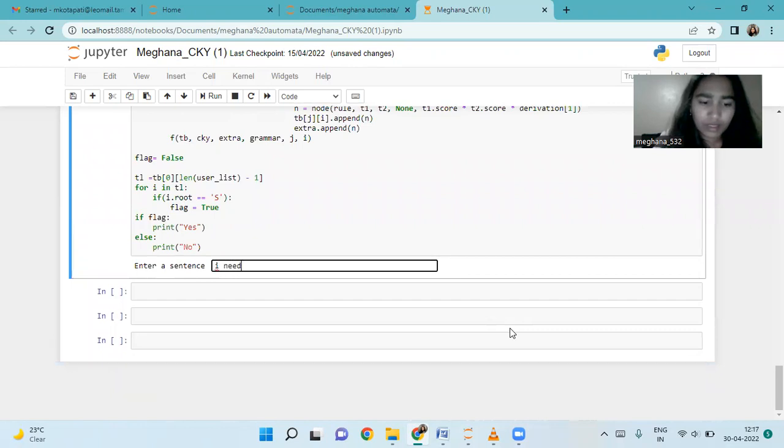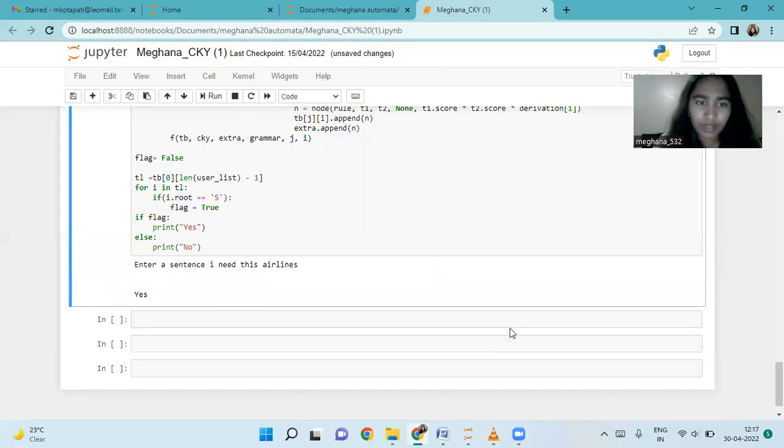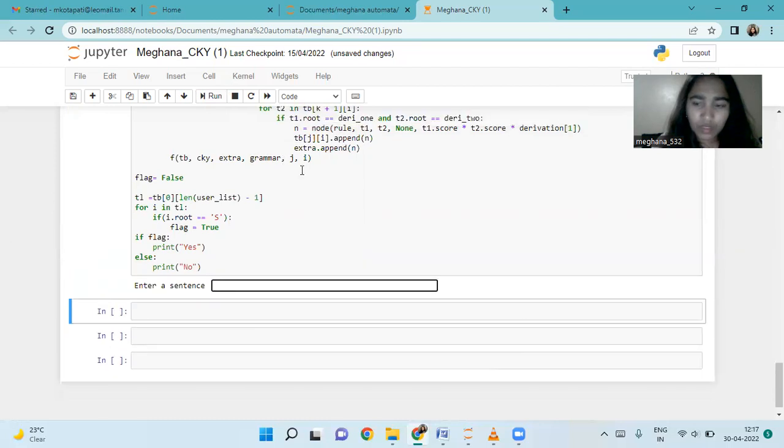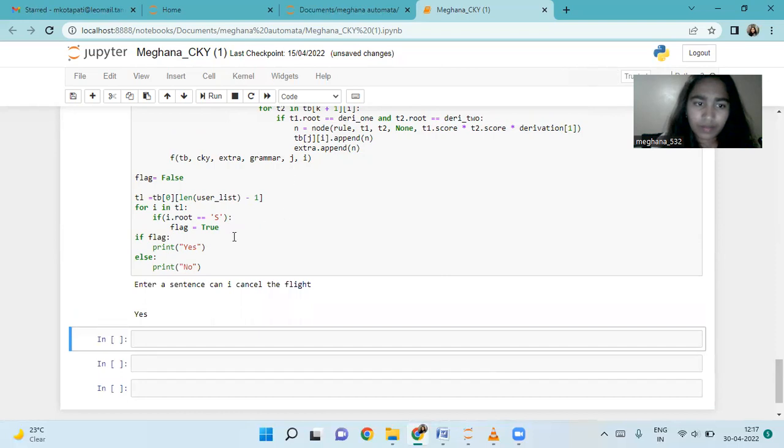I need this airlines. Enter. Yes, this is also a valid sentence. Let's run one more sentence. Can I cancel the flight? Enter. Yes.